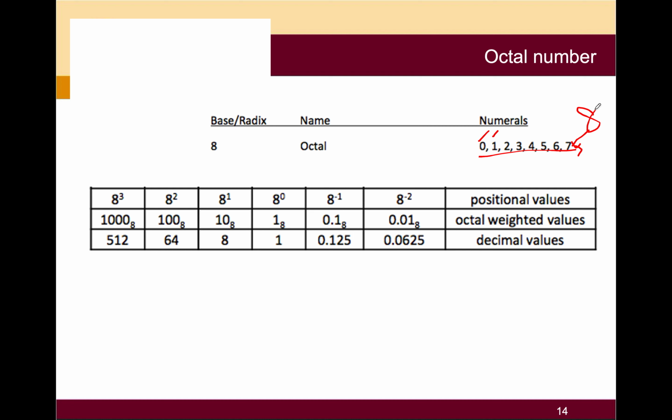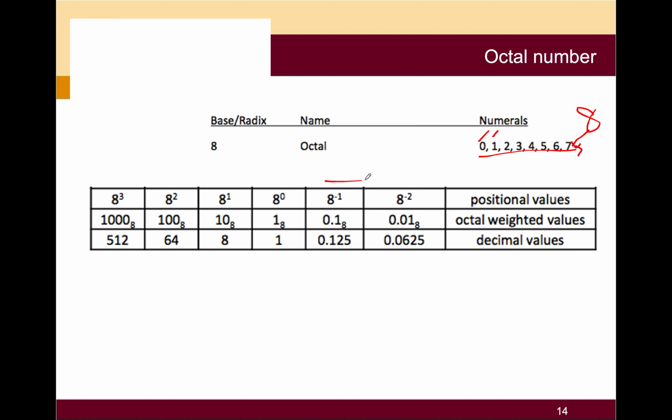So the example is like this table, similar to decimal, similar to binary, and also our hexadecimal, which I already jumped to from binary straightly before we go to the octal.